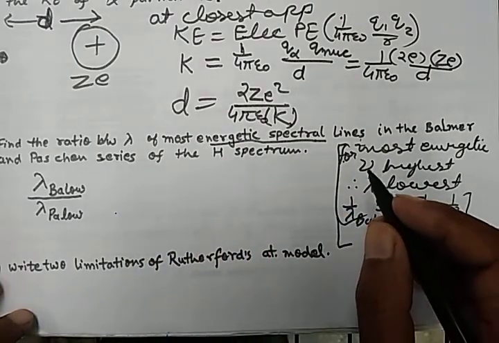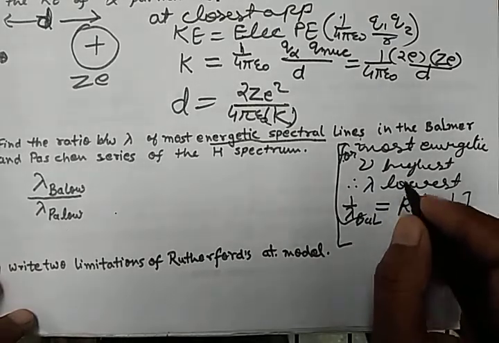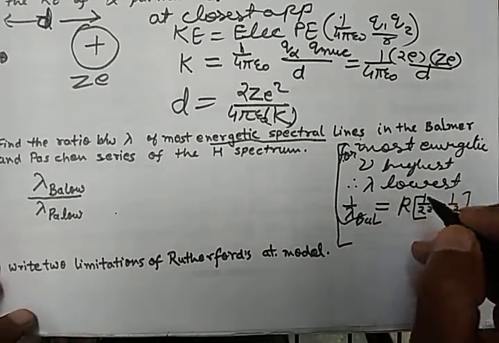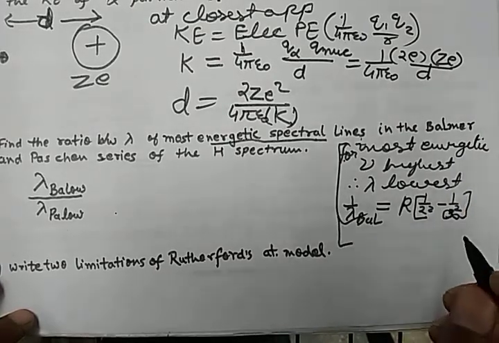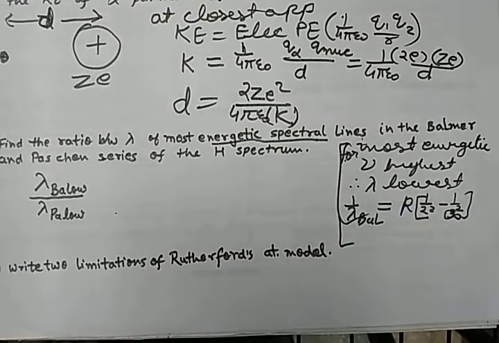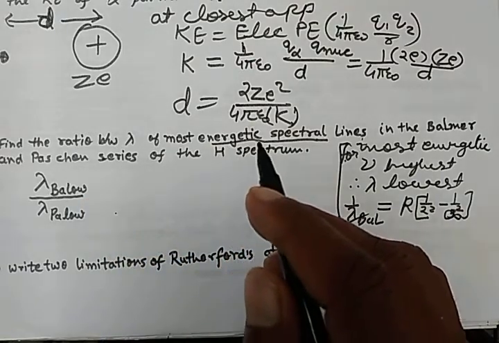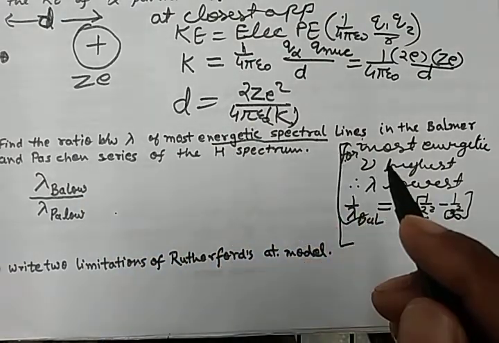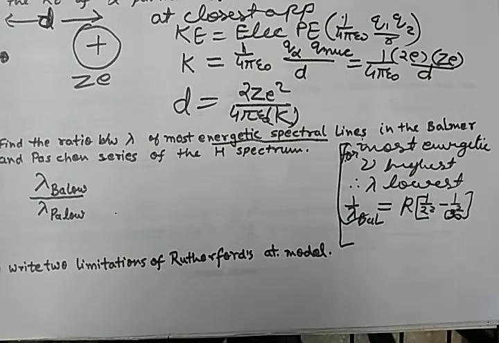Frequency is highest means gap is highest, means it will come from infinite. Lambda lowest, lambda shortest. They are asking for most energetic, means high frequency, means lowest wavelength, that is shortest wavelength.